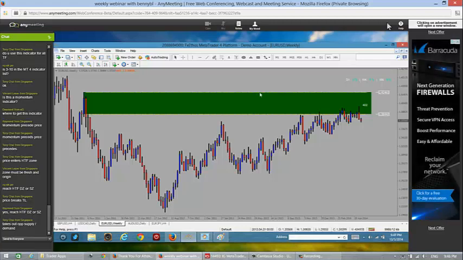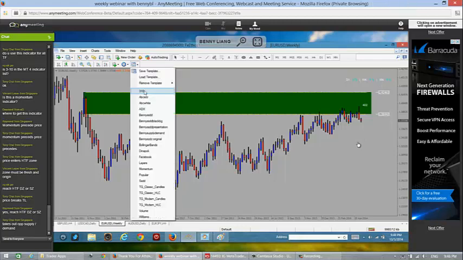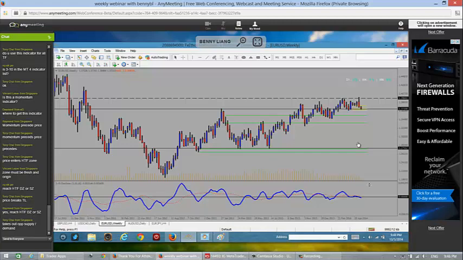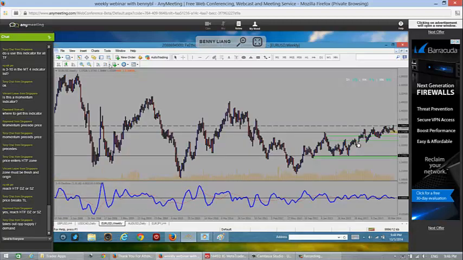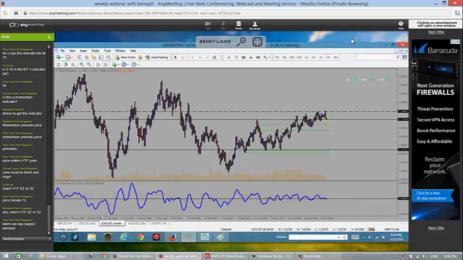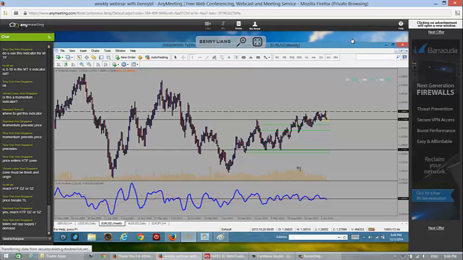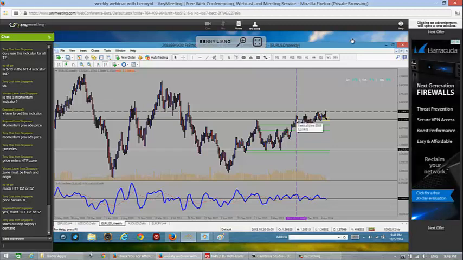So what I also do is I use the 310, because 310 is a momentum indicator, right? Now you look at when the price is making all this high.